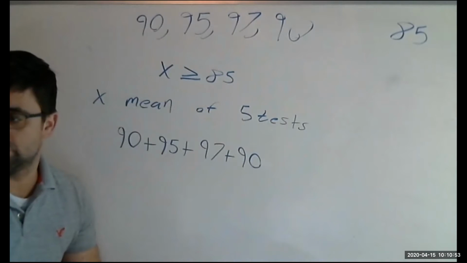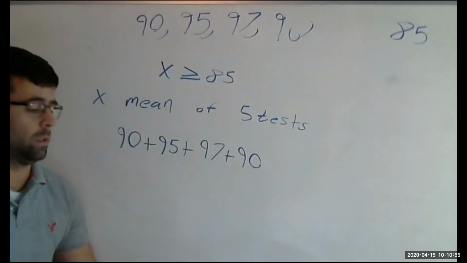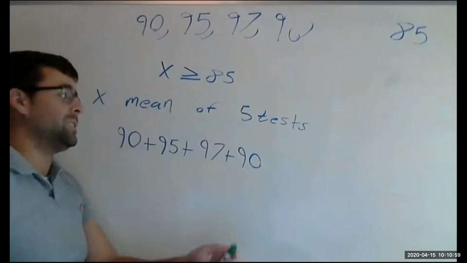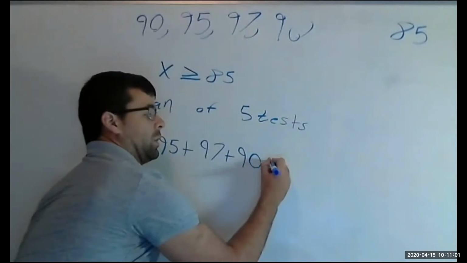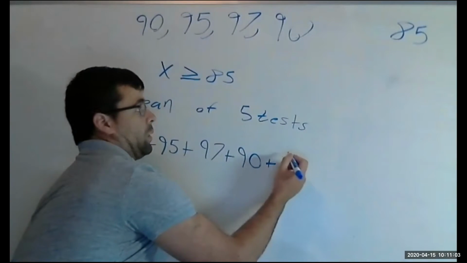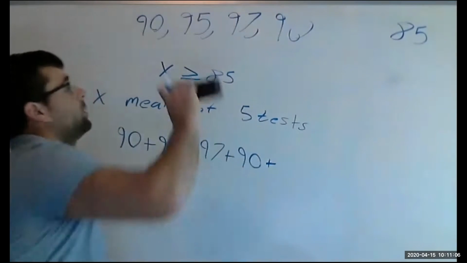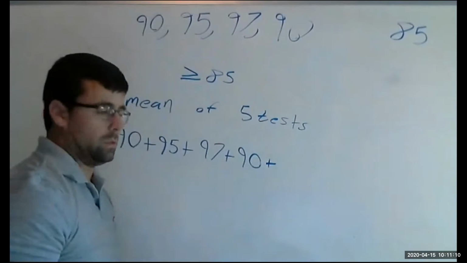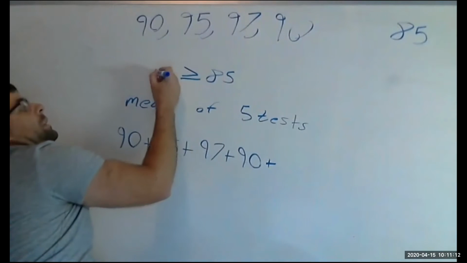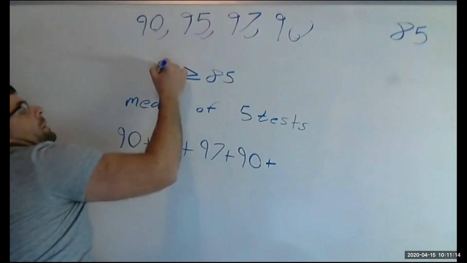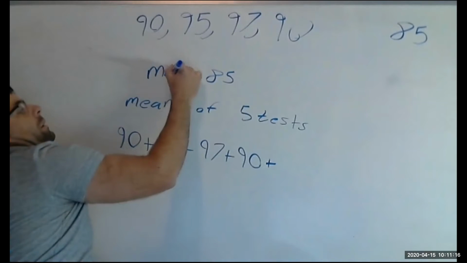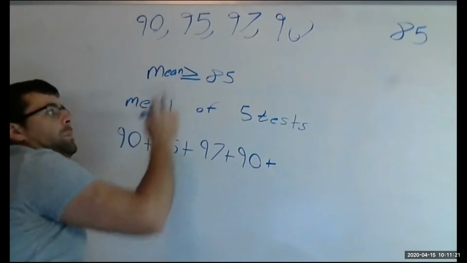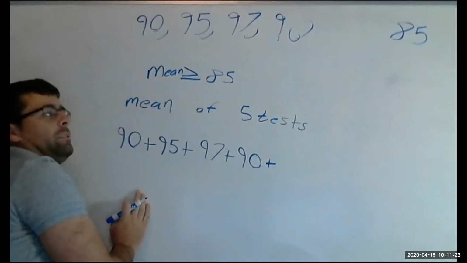So what we're asking is, what does this last test need to be in order for the mean to be greater than or equal to 85?